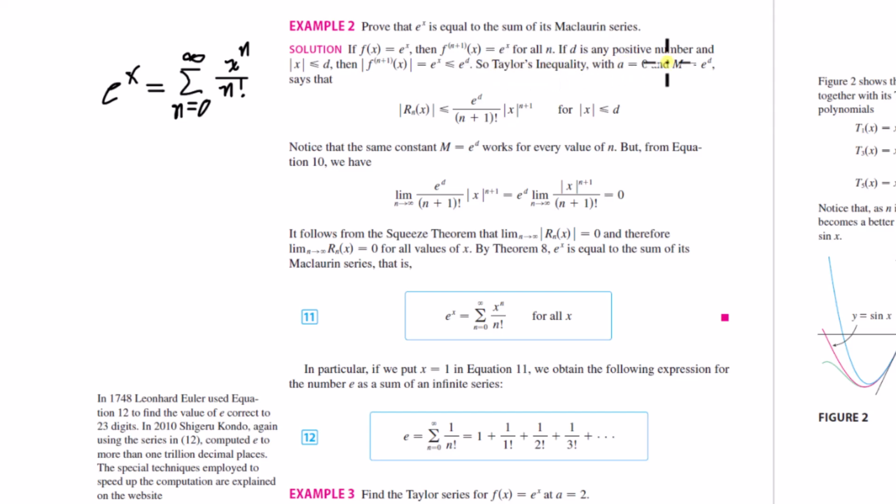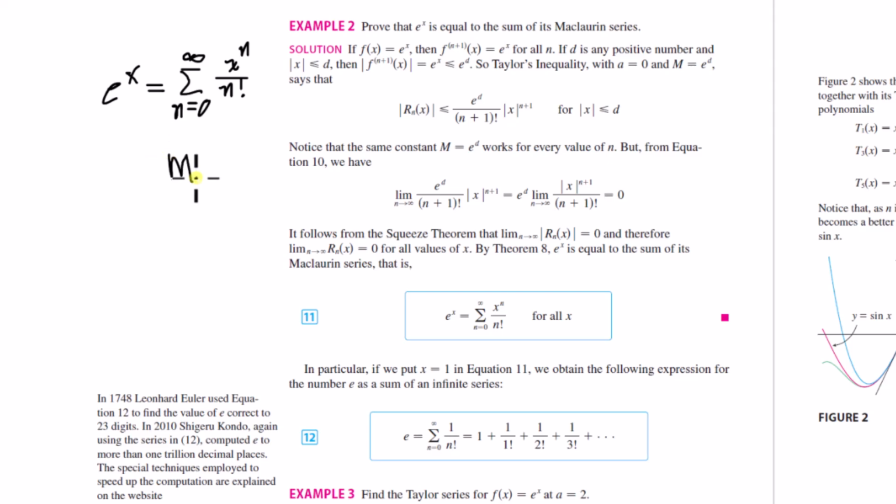So if d is any positive number and the absolute value of x minus a is less than or equal to d, then the n plus 1th derivative evaluated at x is equal to e to the x, and that's going to be less than or equal to e to the d. Right? That's what we just talked about.